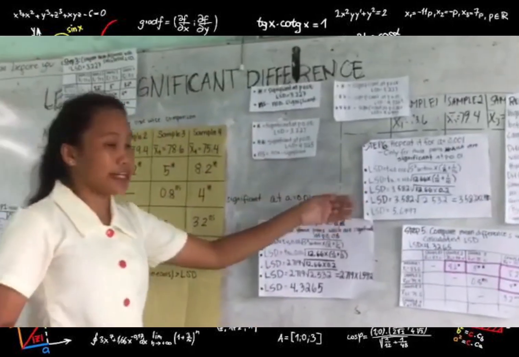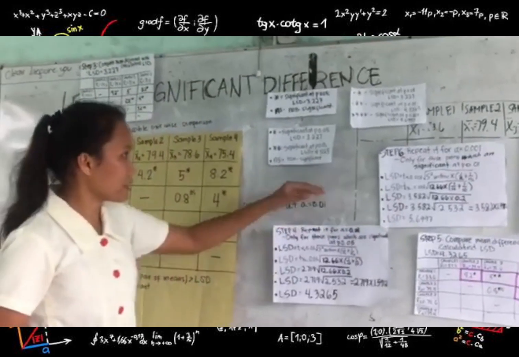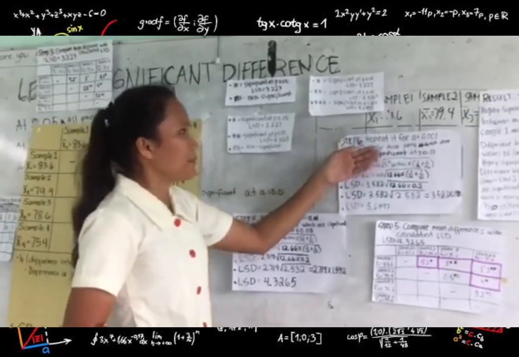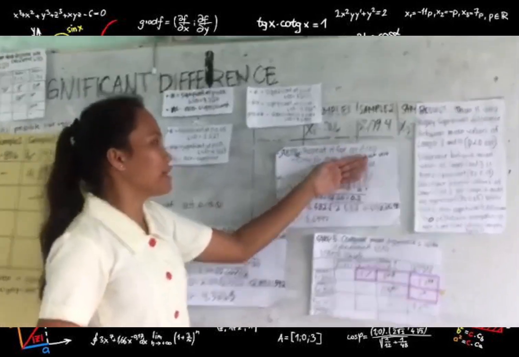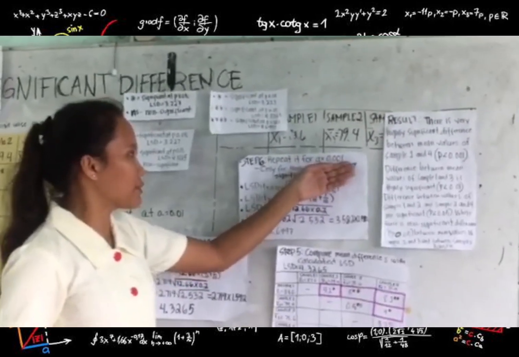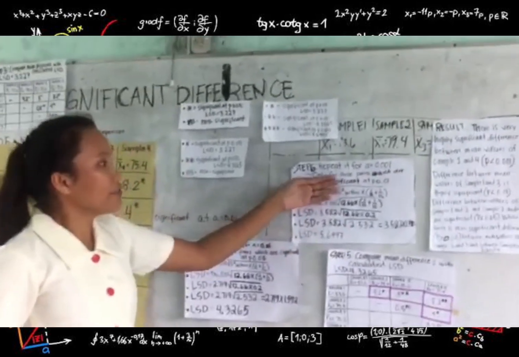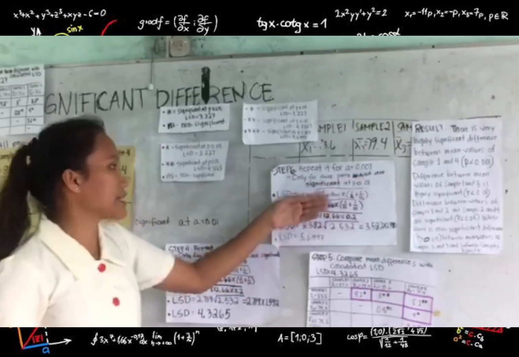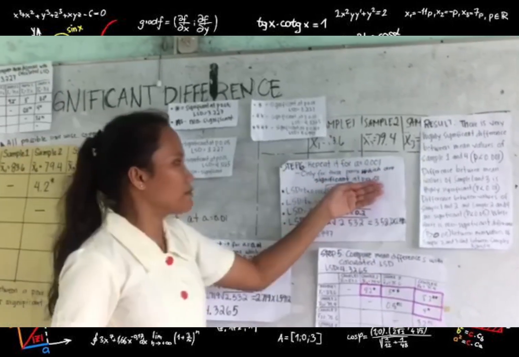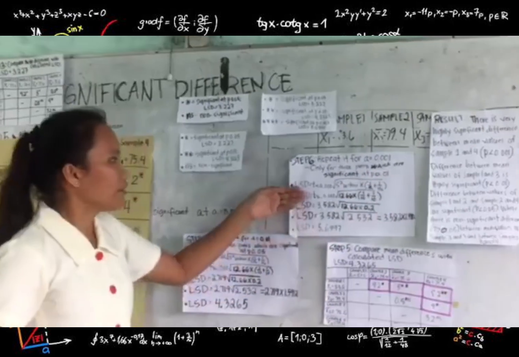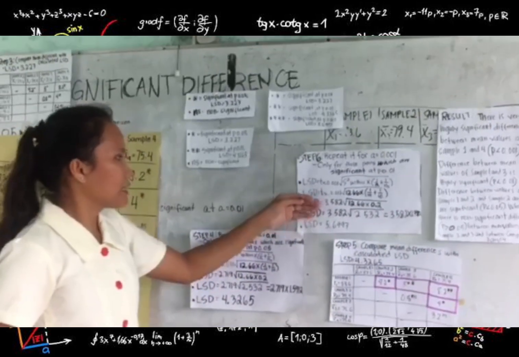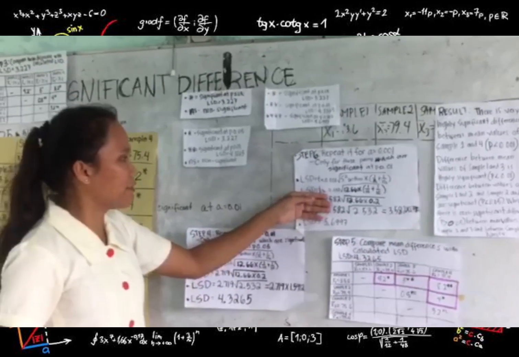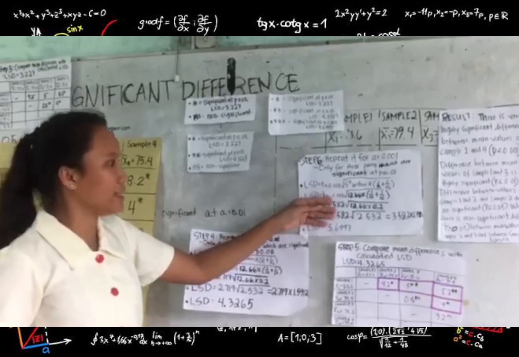So in step 6, repeat it for the upper level of 0.001, only for those pairs which are significant at probability 0.01. For the LSD, the t for 36 degrees of freedom is given.